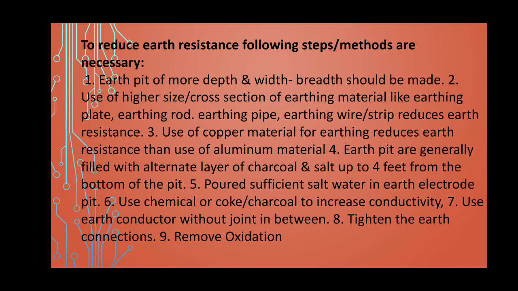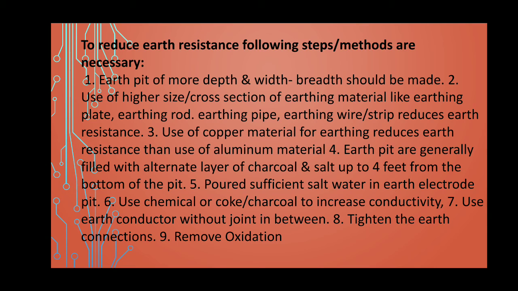These types of materials, the chemical coke and the charcoal, are used for increasing the conductivity of the device. Then use an earth conductor without joints between points. So these are also essential things. Different types of steps are essential to reduce the earth resistance in electrical power systems.